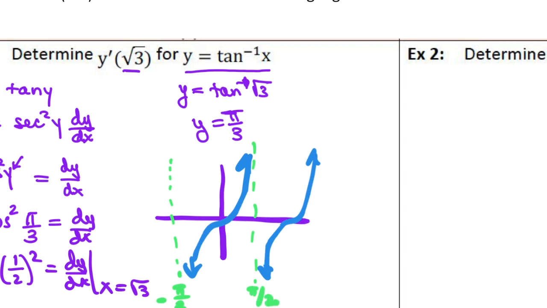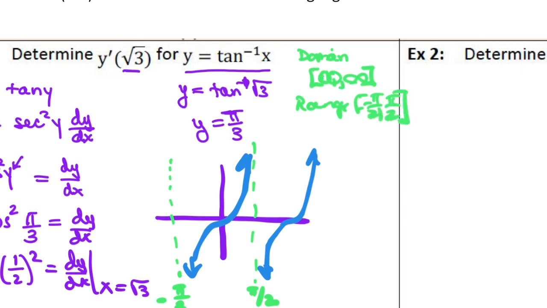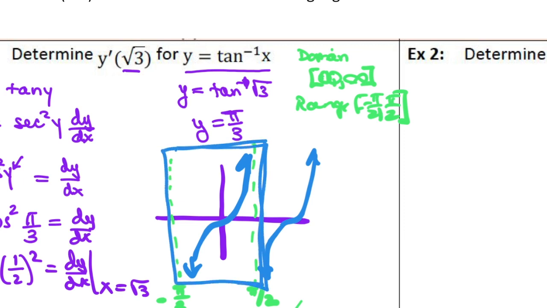Now, with those boundaries, what that does is it changes the domain for your inverse function to become negative infinity to infinity, and the range is going from negative pi over 2 to pi over 2.